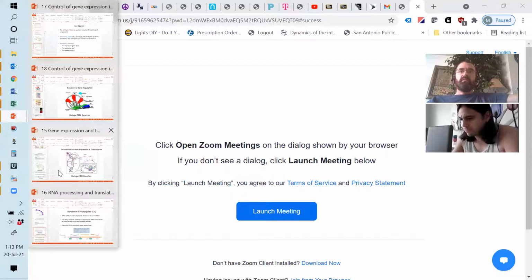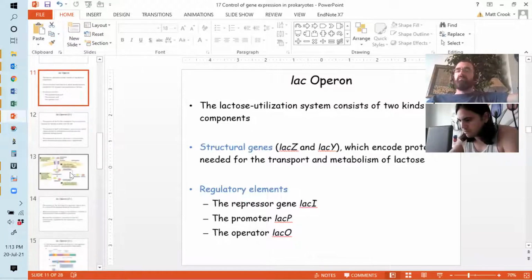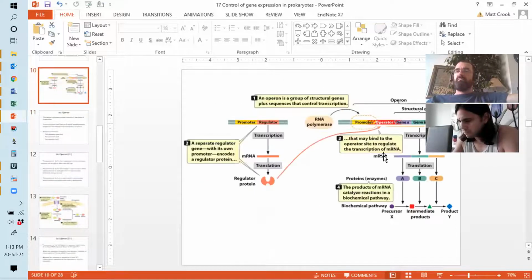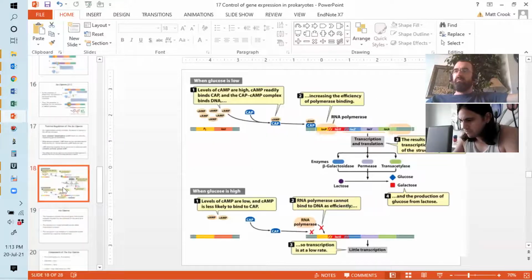So let's get back to things. All right, so we've got the lac operon, right? We have our structural genes, the things that do stuff, which are, where's the picture of the lac operon? Here it is.